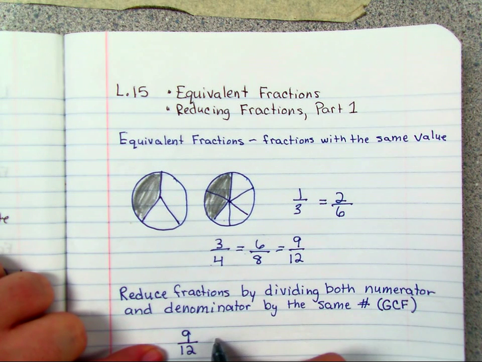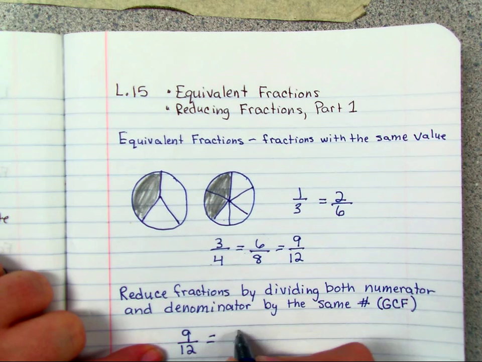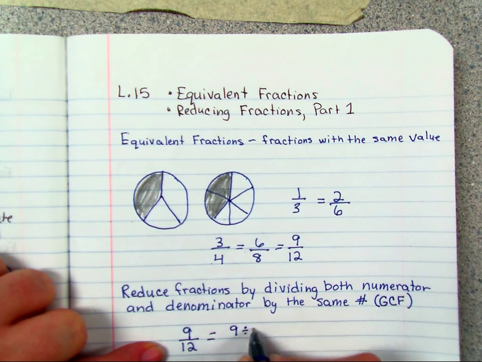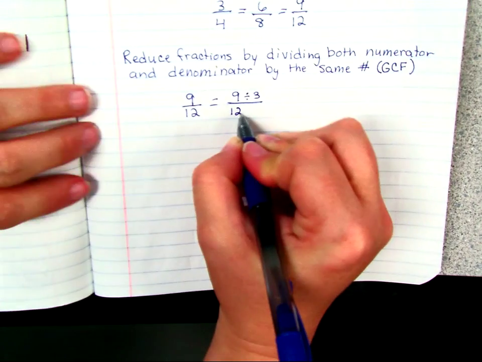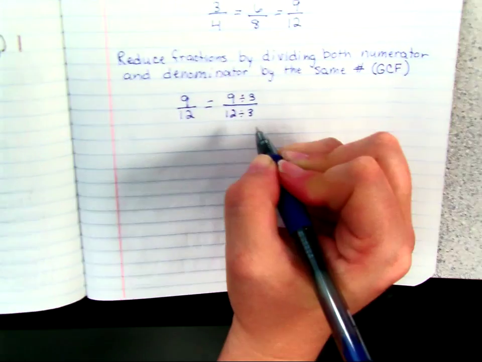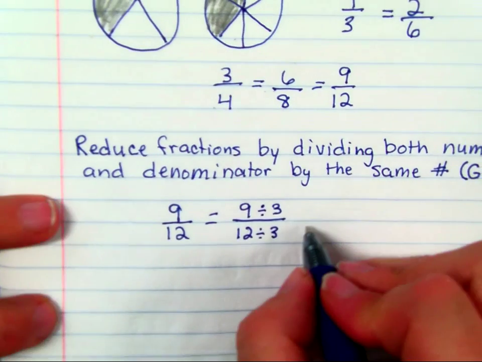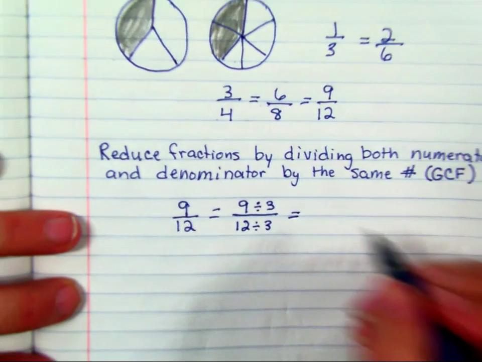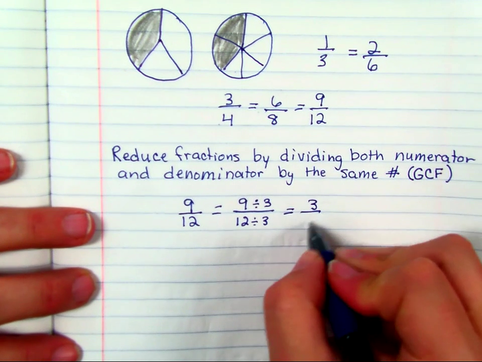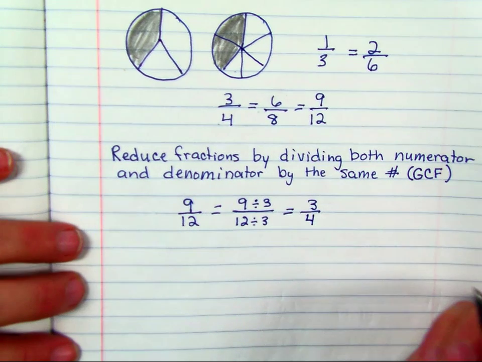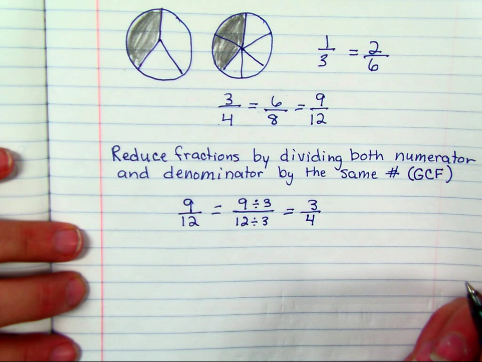So what you did is you said 9 divided by 3 over 12 divided by 3. Too far? All right, sorry about that. Equals 3 over 4.